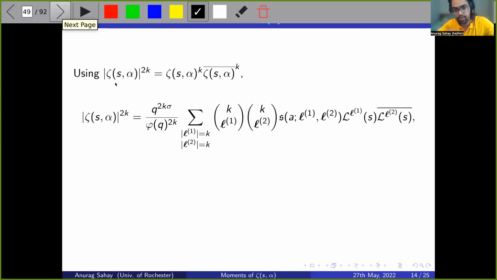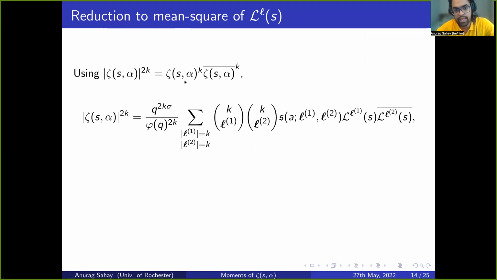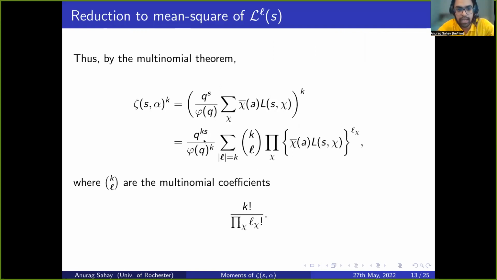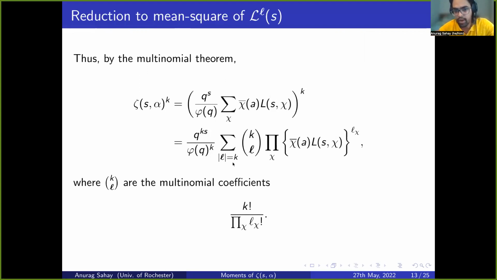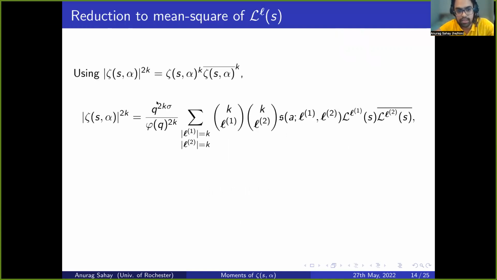And then the norm squared of zeta(s, alpha) is the same as zeta times zeta bar raised to k. So if you just plug in this expression and then bar it and multiply it with itself, you'll get two sums, one over L1 and one over L2. And then you'll get this q over phi q term, and a couple of multinomial coefficients.